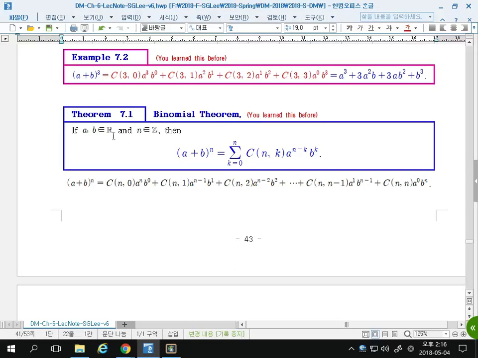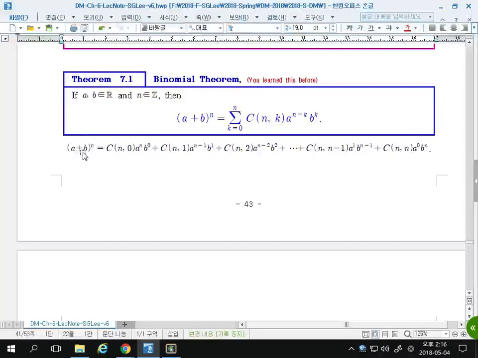In general, the nth power of a plus b can be written as this. Coefficients are n choose k on each term. So a plus b to the nth power can be written as n choose 0 times a to the nth power times b to the 0th power, then n choose 1 with a to the n minus 1, n choose 2 with a to the n minus 2, and so on up to n choose n, which is 1, times a to the 0th power b to the nth.